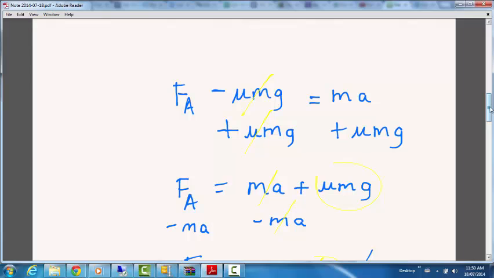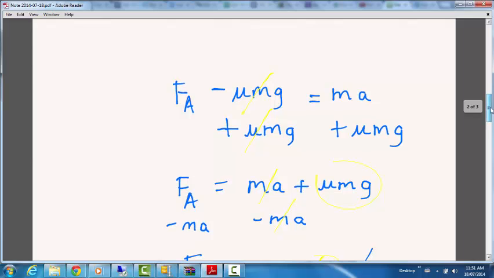We can now isolate for the term which contains the mu by subtracting MA from both sides. Subtract it from the right. Whatever you do on the right, you must do on the left. So again, the MA cancels out.